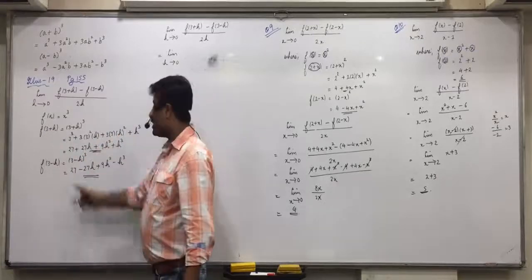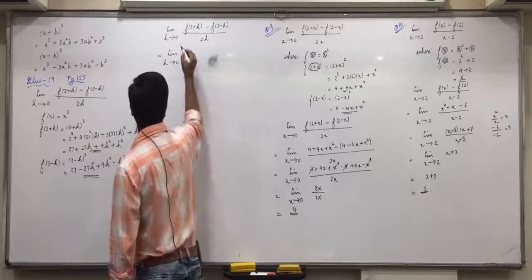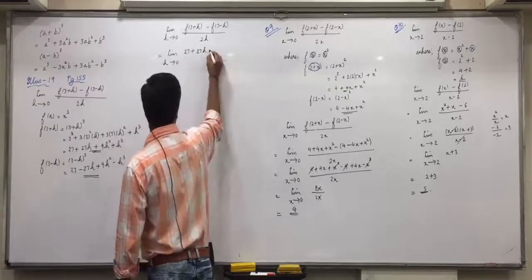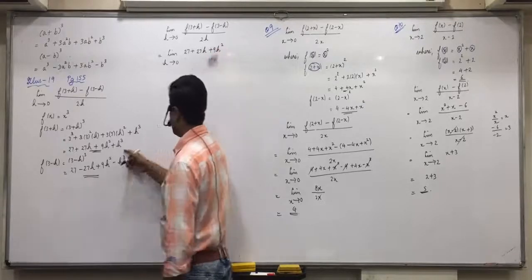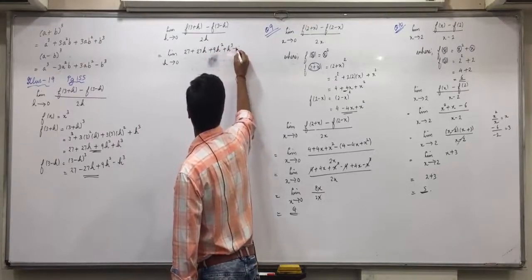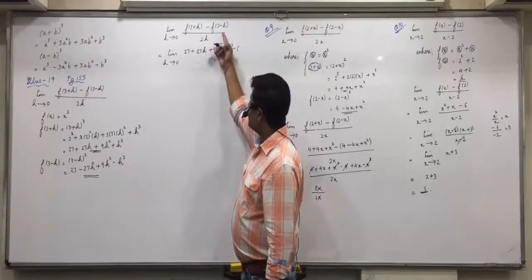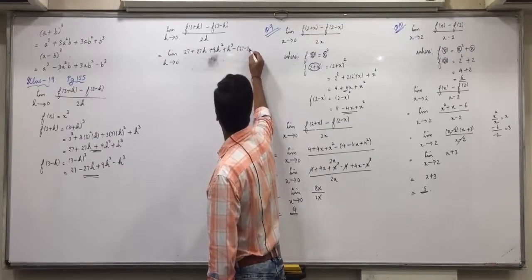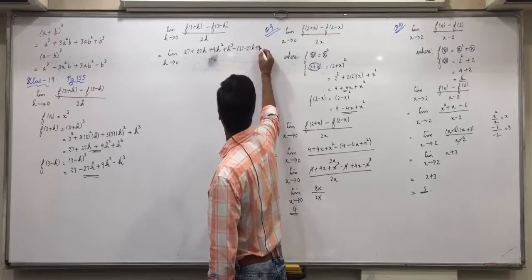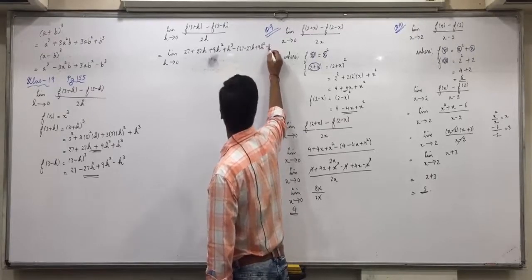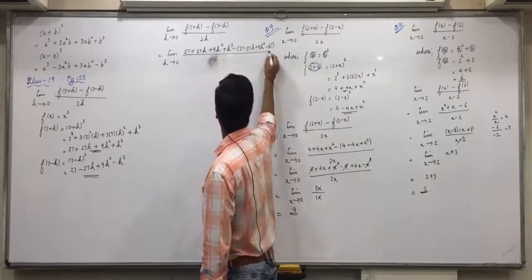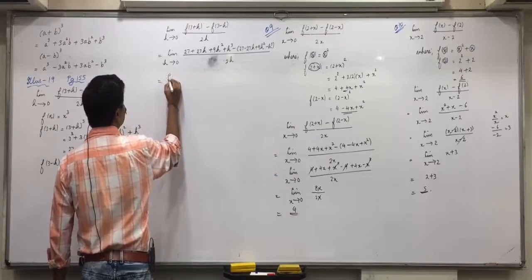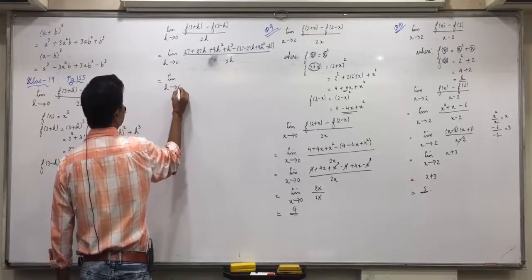In place of f(3+h), we'll write this whole factor: 27 plus 27h plus 9h square plus h cube, minus, in bracket, f(3-h), because it's minus, so everything will be written in bracket: 27 minus 27h plus 9h square minus h cube, divided by 2h.